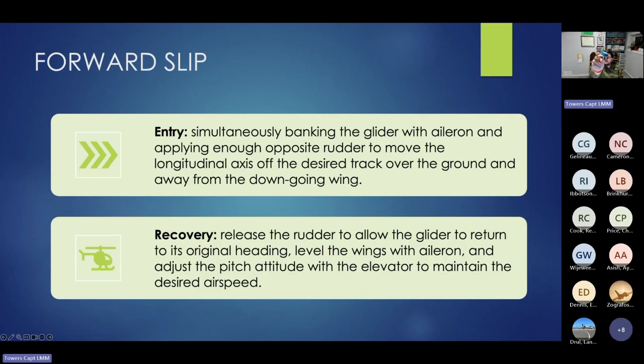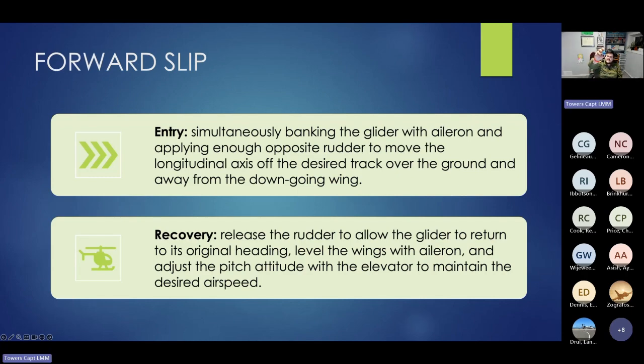You're going to have your longitudinal axis pointed off to the side, but you're still going straight, and you're going to have your wing down to maintain your track over the ground straight ahead. If you had just pointed your longitudinal axis like this, then you would eventually start going in that direction as well. But because you also bank your wing down, you're also sliding through the air like that at the same time and maintaining a forward track over the ground.